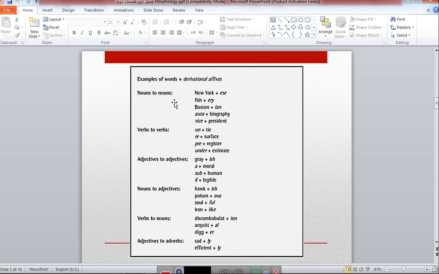Here in this box you see examples of words plus derivational affixes.